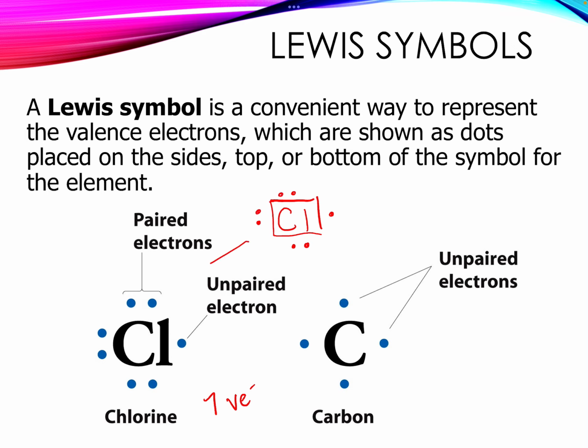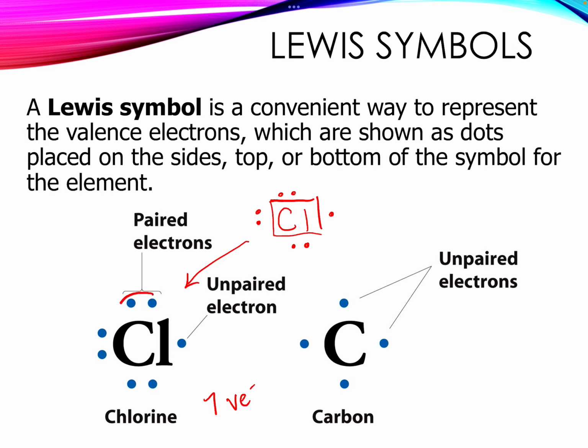And obviously we don't actually draw the box. I just like to think of it that way so I know where the electrons are going. They have to go on a side. And you'll notice that I put 1 electron on each side before any got 2. That's how we're going to draw Lewis structures, because that's going to represent our paired and unpaired electrons.